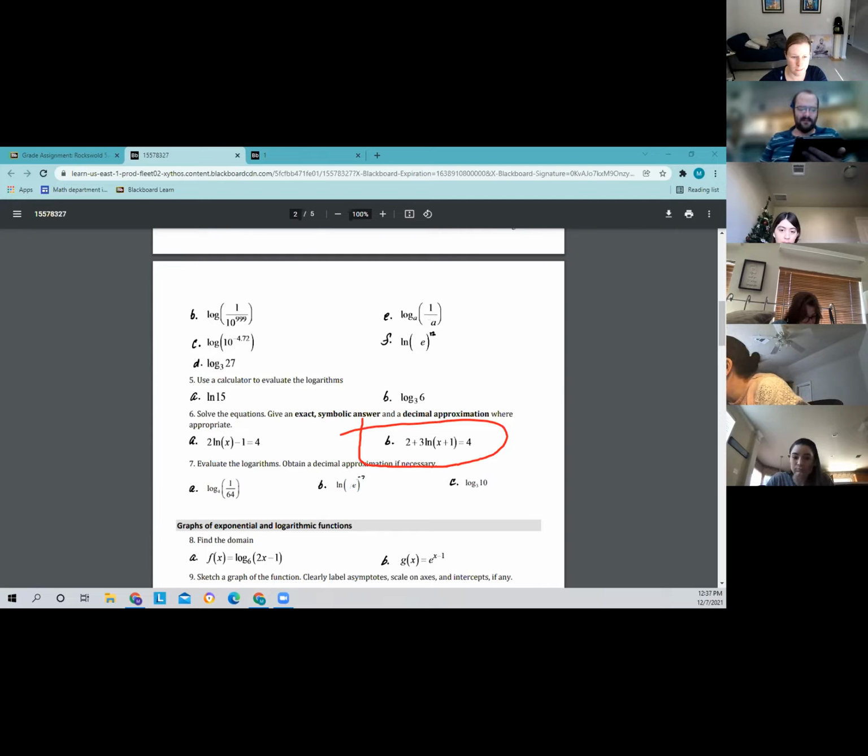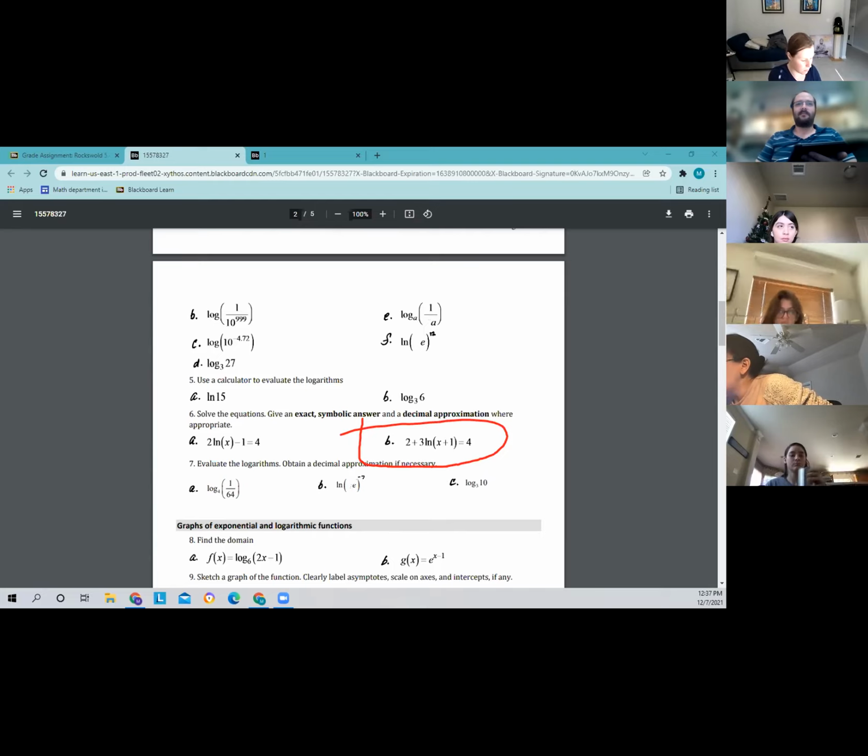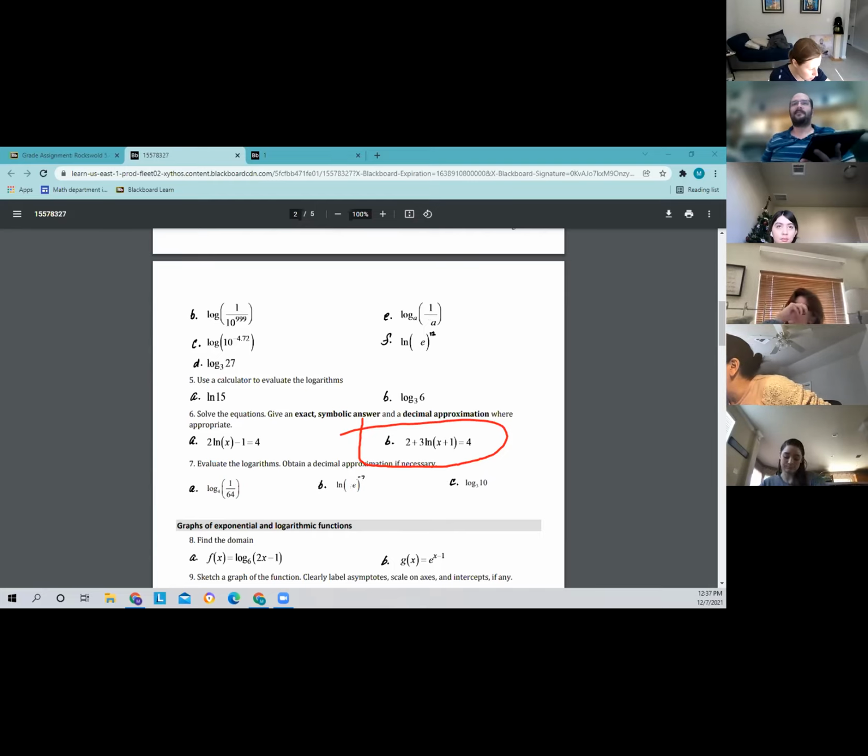We did some where we solved exponentials. I think now we're solving logs. Same sort of strategy, except one step's different, right? Instead of undoing exponentials, we're going to undo logs with an exponential. Here, it's 6b. We have 2 plus 3 ln of x plus 1 equals 4.